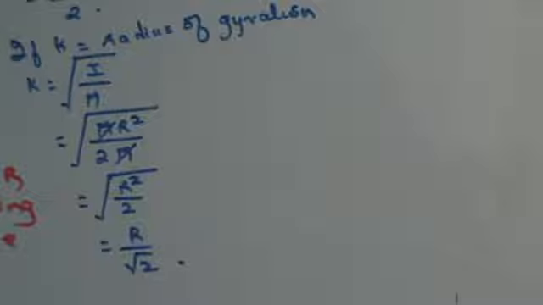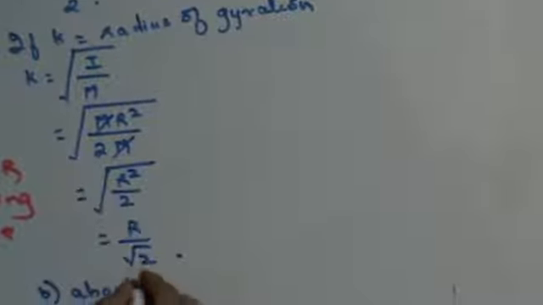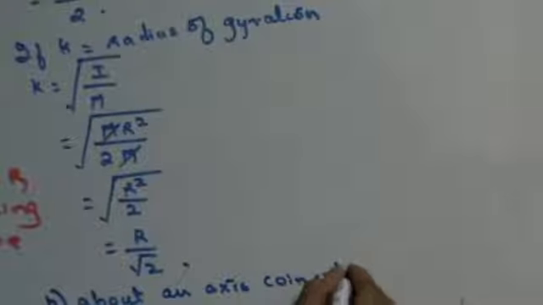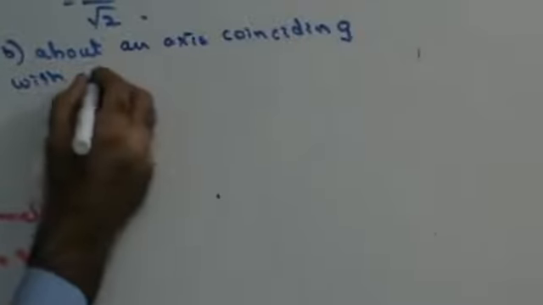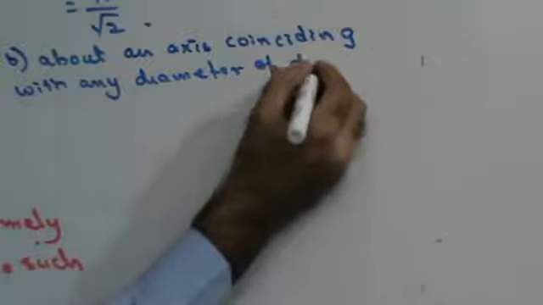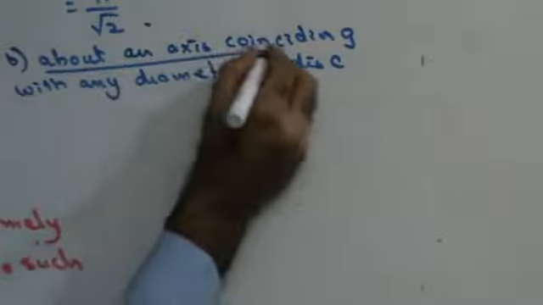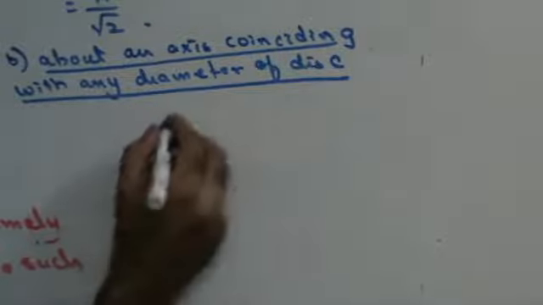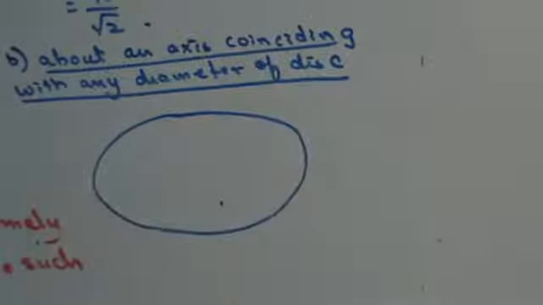Now let's find out the moment of inertia about an axis coinciding with any one of the diameters of the disk. Let's consider a disk, right?